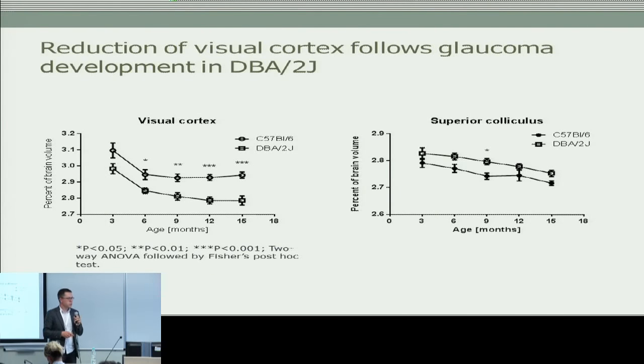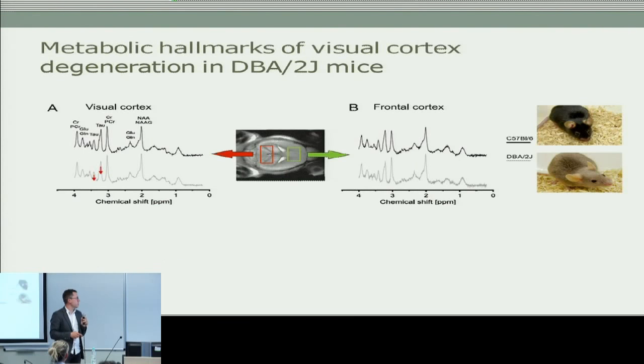We wanted also to look for the mechanism and for other signs of neurodegeneration in the visual cortex. So we employed a technique called localized magnetic resonance spectroscopy. So basically we selected two voxels of interest. One was control frontal cortex and the other was the visual cortex.